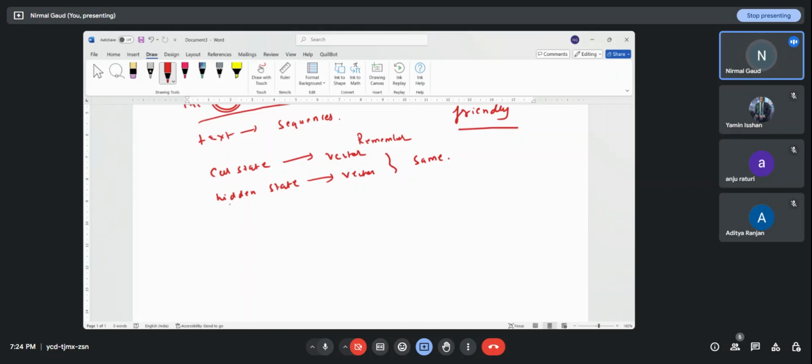Yesterday also I told in the class that first you have to tokenize, then you have to convert into a numerical representation, that is integer. Okay, integer. Every token you have to assign an integer value. Then you have to find the sequence. Then you have to perform the padding. Then you have to perform embedding.